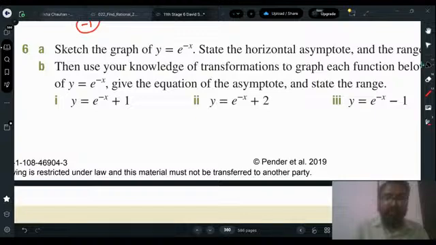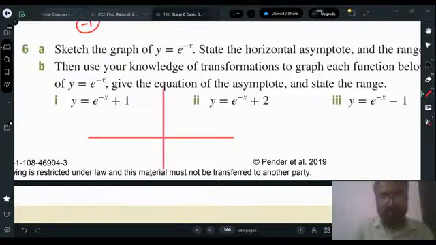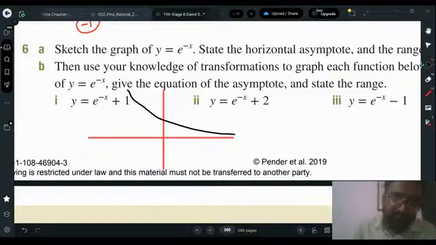This is a graph of e power minus x. So these are the lines, and the e power x graph is this. Clear? Is there any horizontal asymptote?